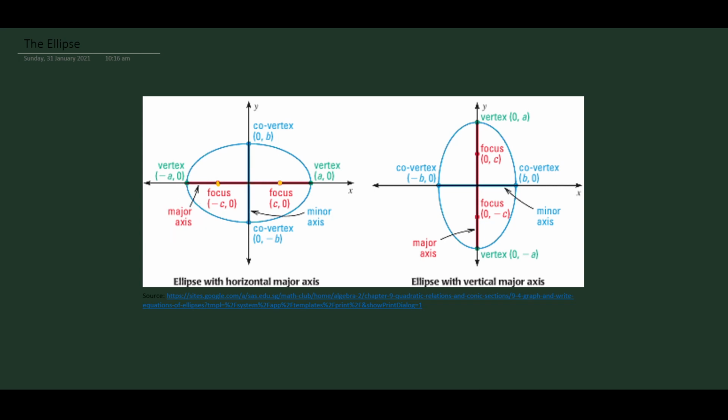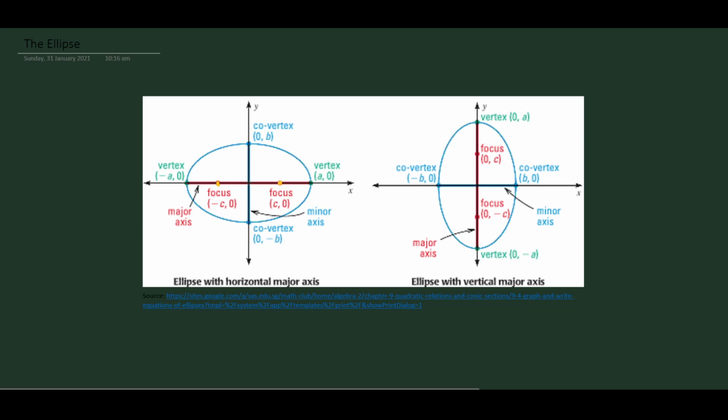As you can see, the major axis has a length of 2a, negative a to positive a, and the minor axis is 2b. Therefore, half of the minor axis is called the semi-minor axis. We call that b, and the semi-major axis is a.